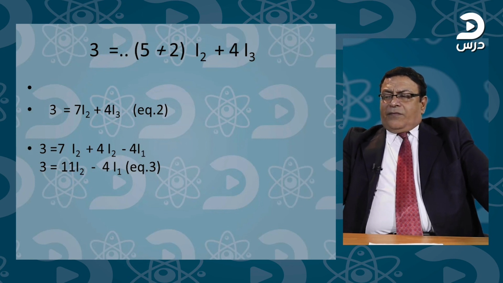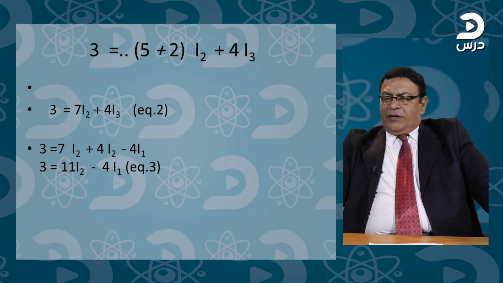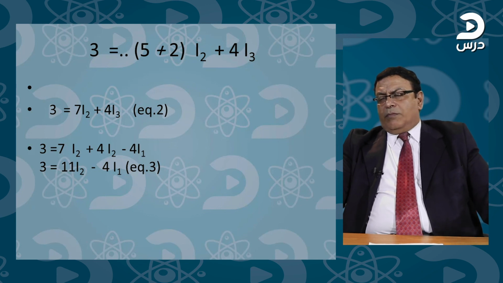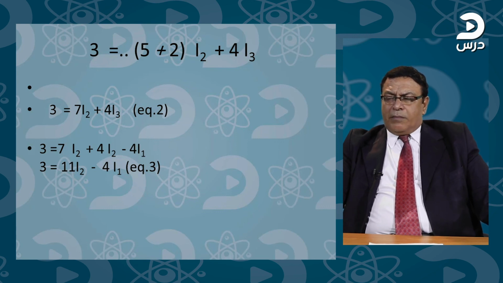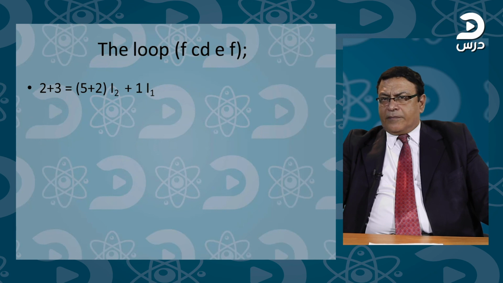So 3 equal 7I2 plus 4I3. This is equation number 2. 3 equal 7I2 plus 4I2 minus 4I1, so 3 equal 7 plus 4, so 11I2 minus 4I1.